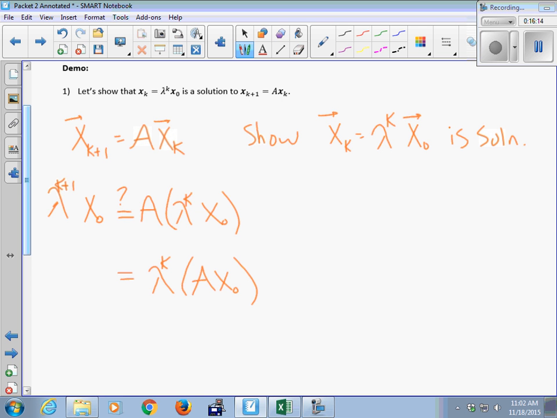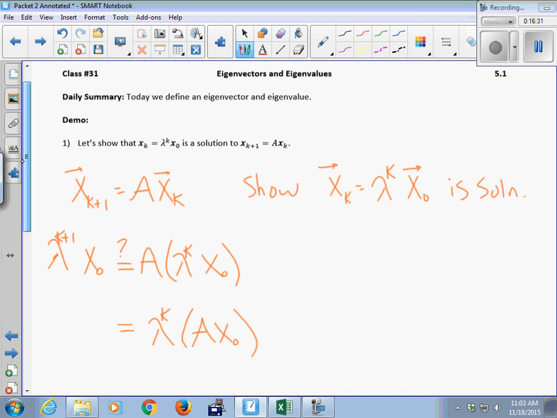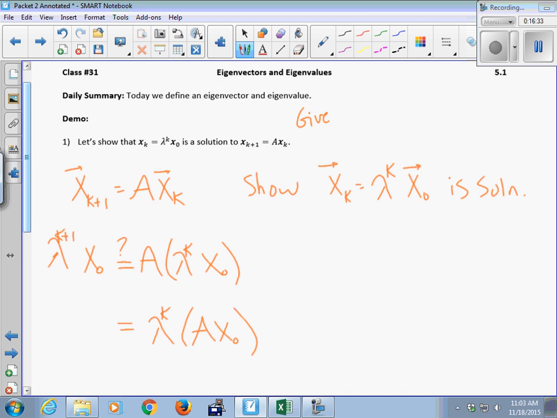Okay, the definition of an eigenvector. So this only works, this is a way that you build a solution, if λ is an eigenvalue and x_0 is an eigenvector. I should have added that. So it's given λ eigenvalue, x_0 corresponding eigenvector.